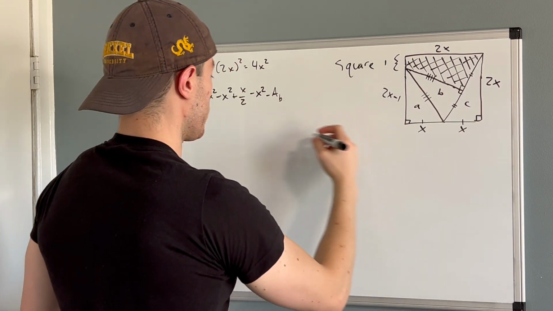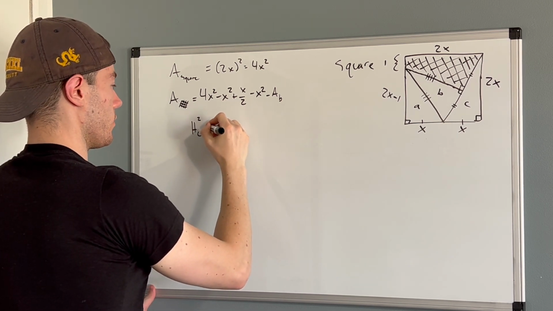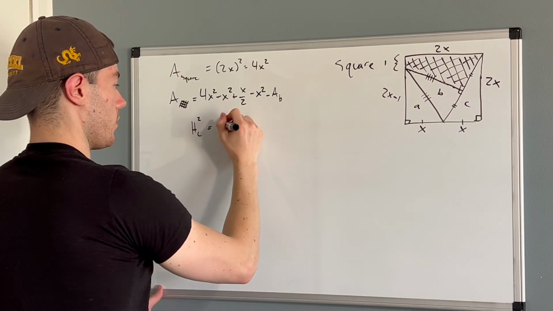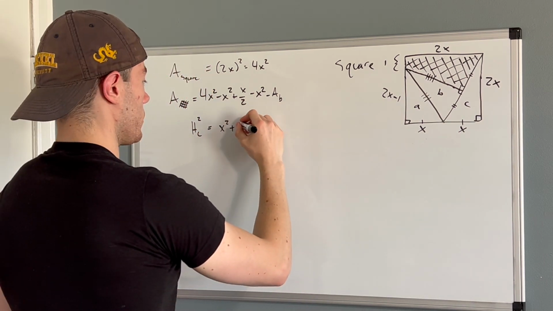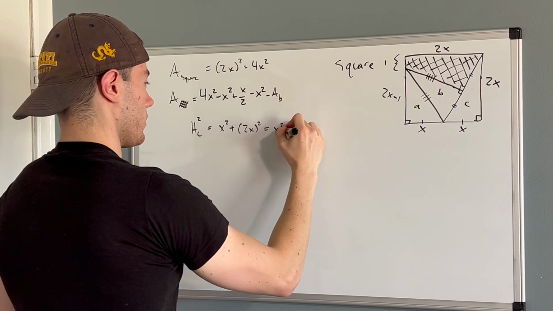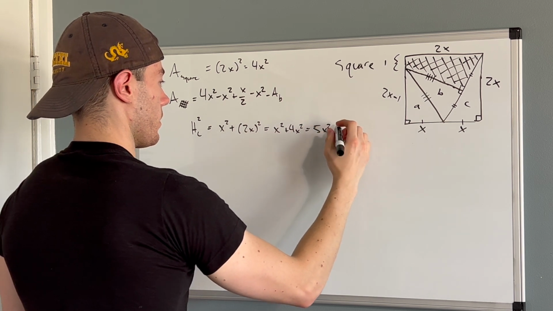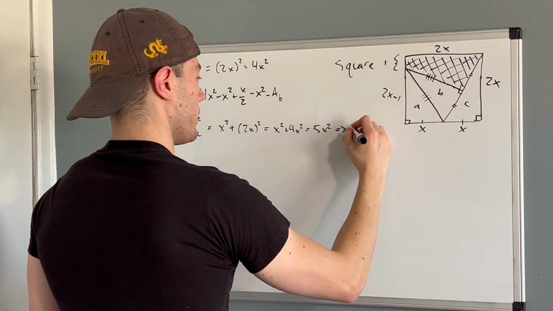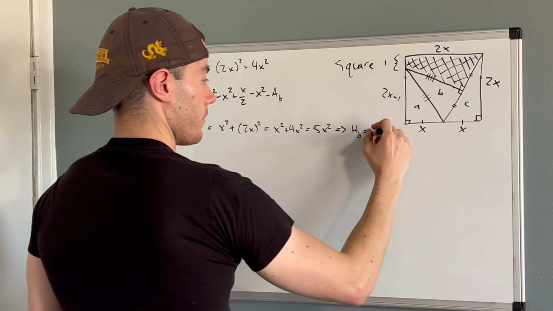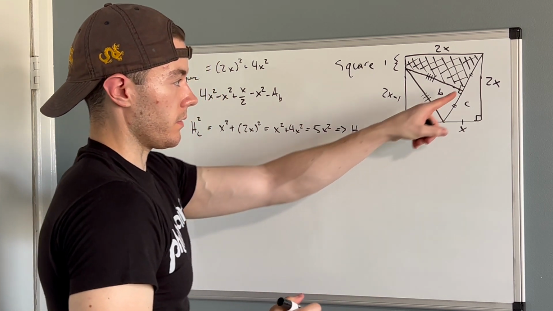The hypotenuse of C, let's call it HC squared, is equal to a squared plus b squared, where a is x squared and b squared is 2x squared. So it's x squared plus 4x squared equals 5x squared. The hypotenuse of C is the square root of that. It's root 5 x.